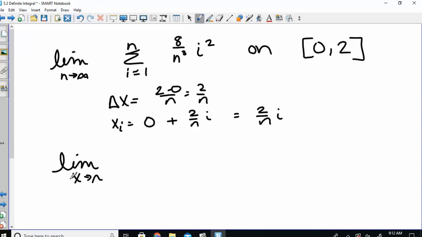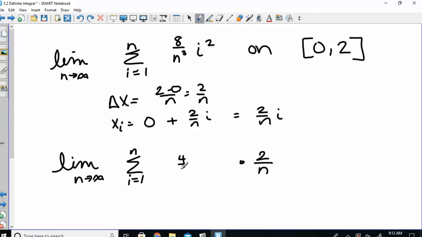So we need to figure out how we can maybe rewrite this to help us understand what's going on. Eight over n cubed i squared. You always have to separate off a change in x. So my change in x was 2 over n.